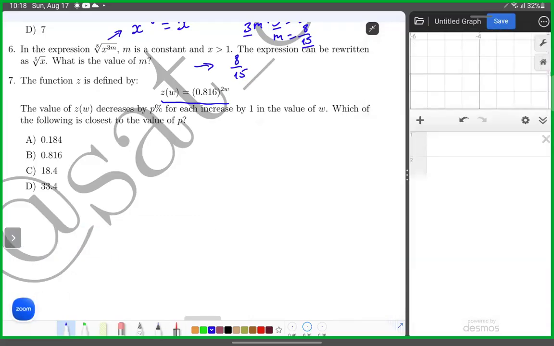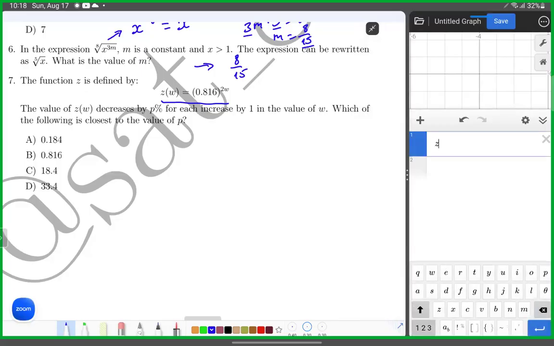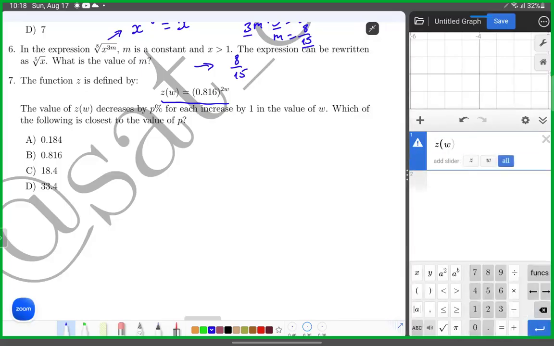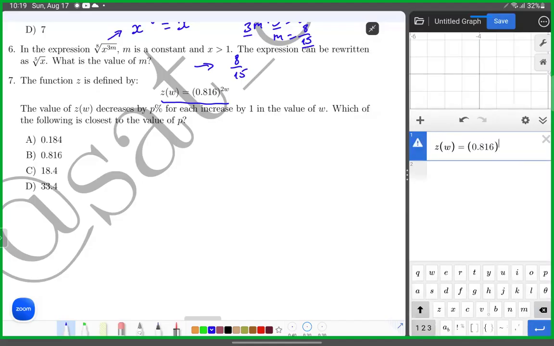Now, if you see advanced math questions, immediately introduce your function z of w. If you write like this, it introduces the function 0.5 to the power 2 times w.